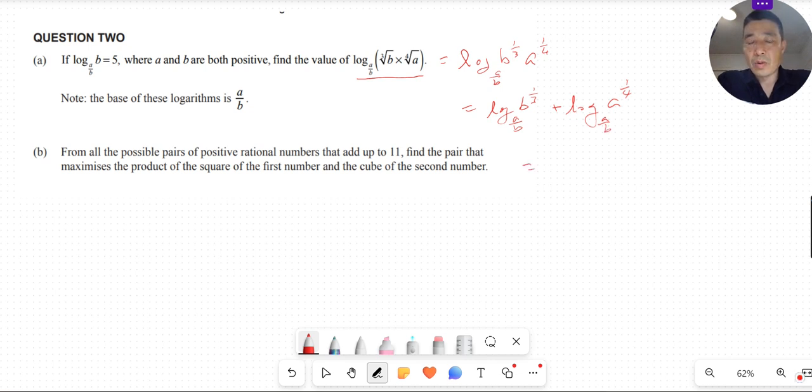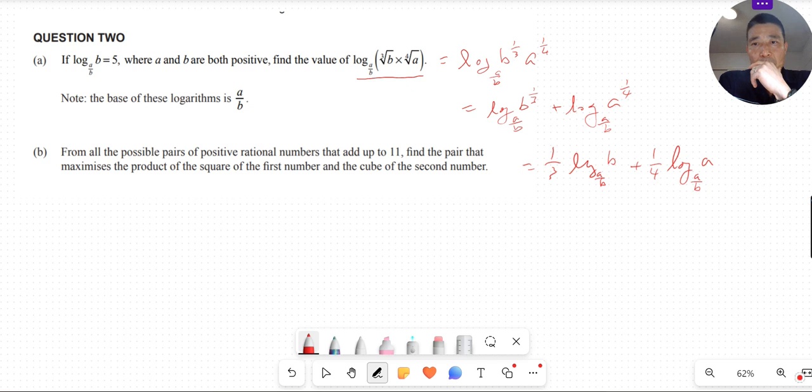And now 1/3 and a quarter can come to the front. So 1/3 log b to the base of a over b plus a quarter log a to the base of a over b, isn't it?